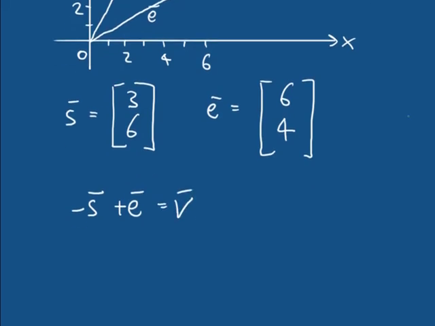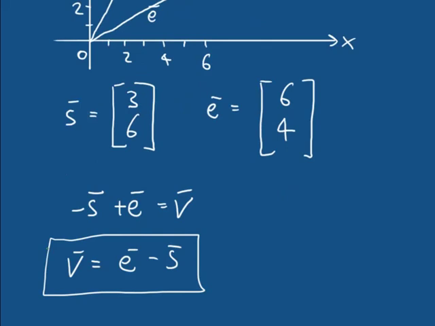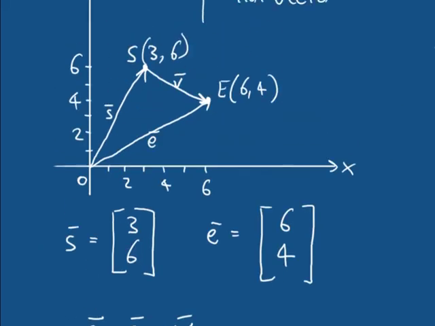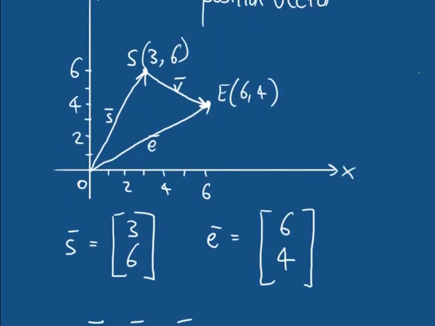So if I was to rewrite this, I could say v is equal to E minus S. Notice how similar this is to when we were working it out but not using a mathematically rigorous version. Because when we were using the 2 points to find a vector back in the magnitude of a vector video, notice that I said we always take our endpoint and subtract the start point from it, and that will give us the components of our vector.